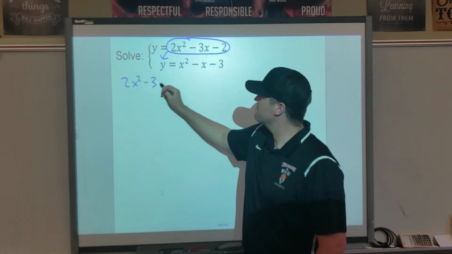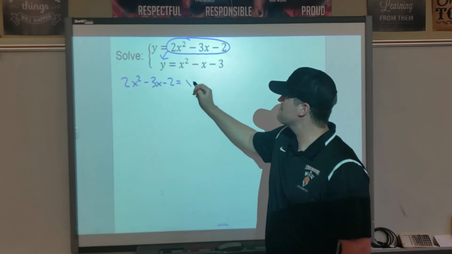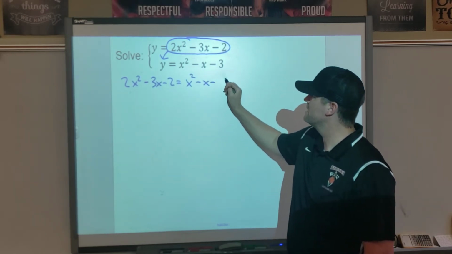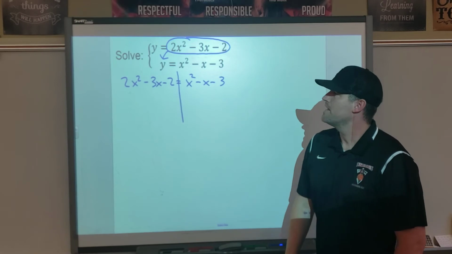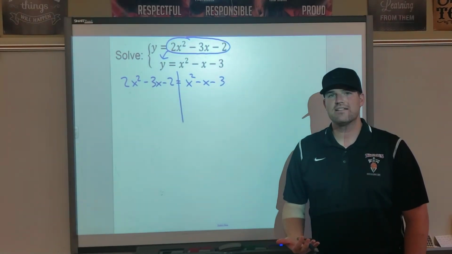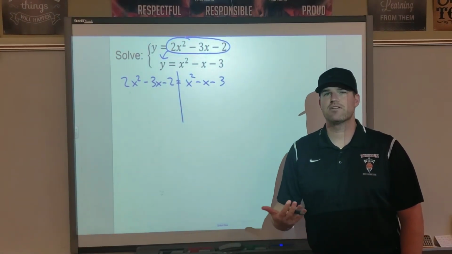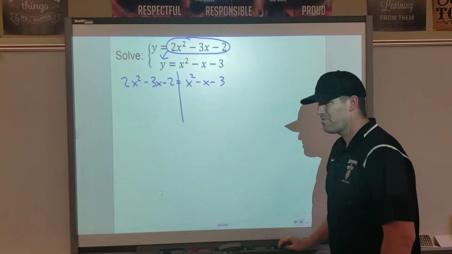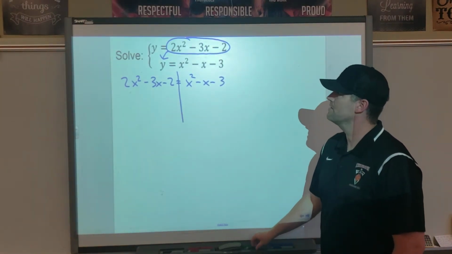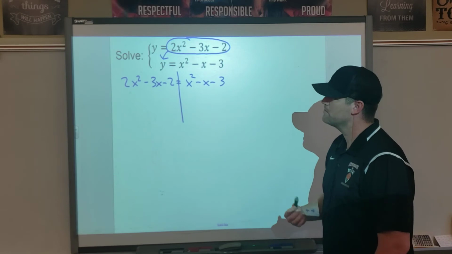2x squared minus 3x minus 2 equals x squared minus x minus 3. Now this one I have x squared on both sides. And again, I always want my x squared to be positive. Makes the problem easier, and it keeps it in standard form. We want a to be positive.